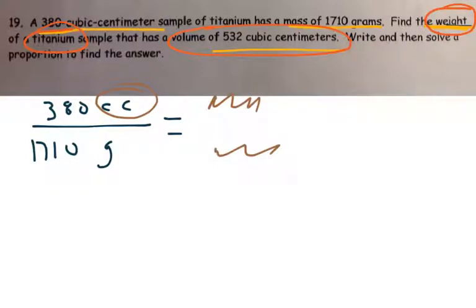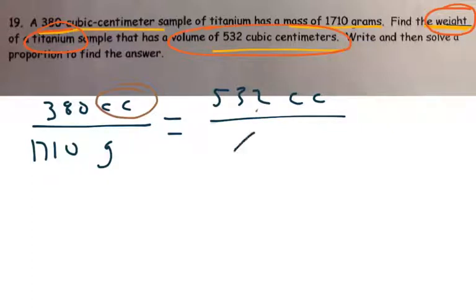So that is where the 532 is going to go. So I'm going to put 532 cc's. Again, the units should match up. And then, of course, I'm going to use X for the mysterious missing weight, which will be in grams, because over here, you see, we had grams.